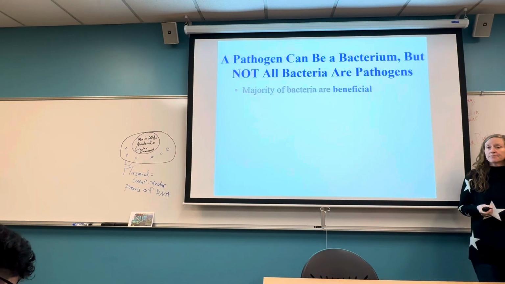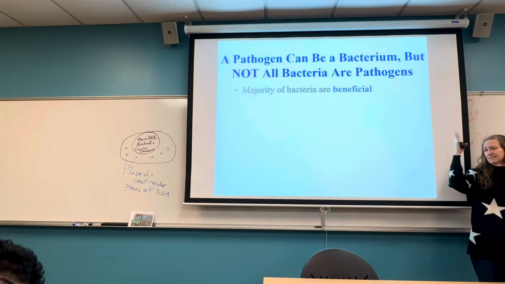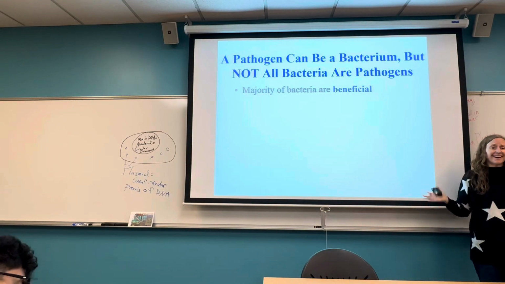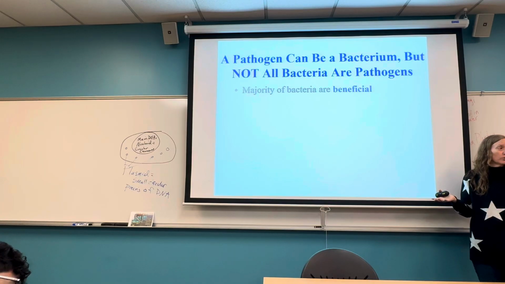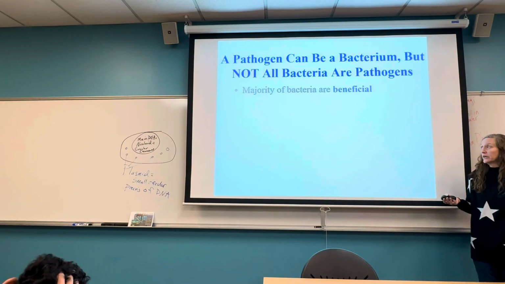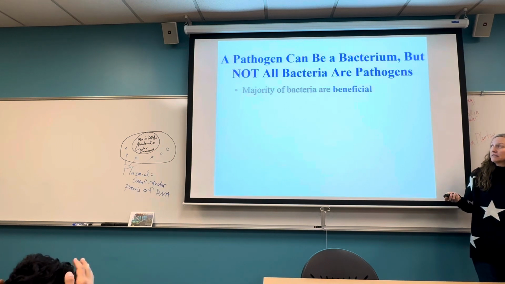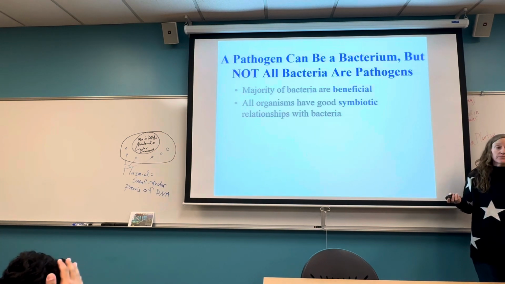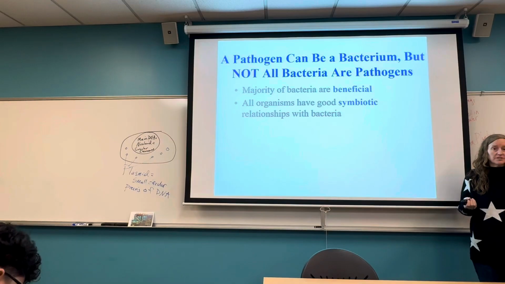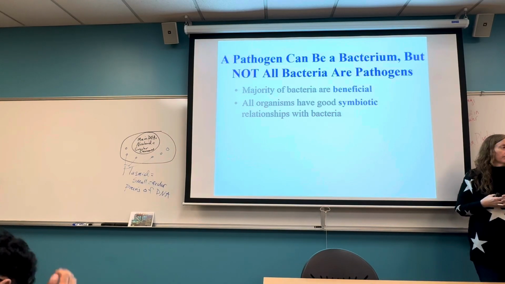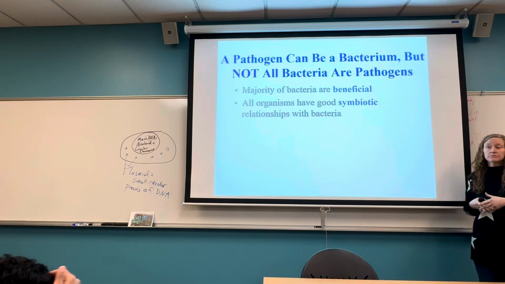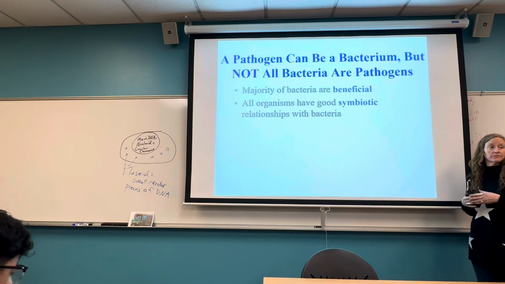We rely on them. We have a whole ecosystem in and on our body of microbes, which include bacteria, but there's other things that live in and on us that help us. So this symbiotic relationship means that we rely on them, and they rely on us. They get a home, they get energy, warmth.